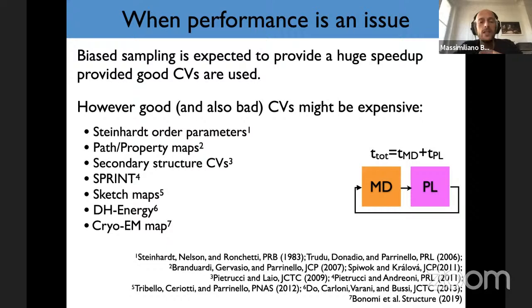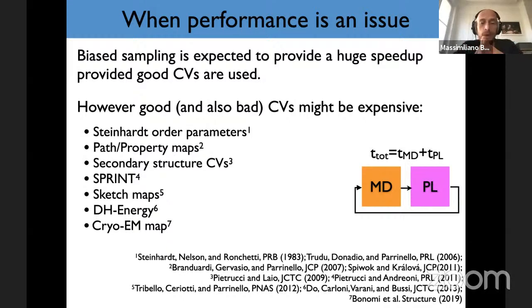Typically, the collective variables that quantify the amount of a certain secondary structure type, like alpha helix or beta sheet, are computationally expensive to calculate. Low dimensional representations like sketch maps or others that Garrett explained to you are most of the time expensive to calculate.